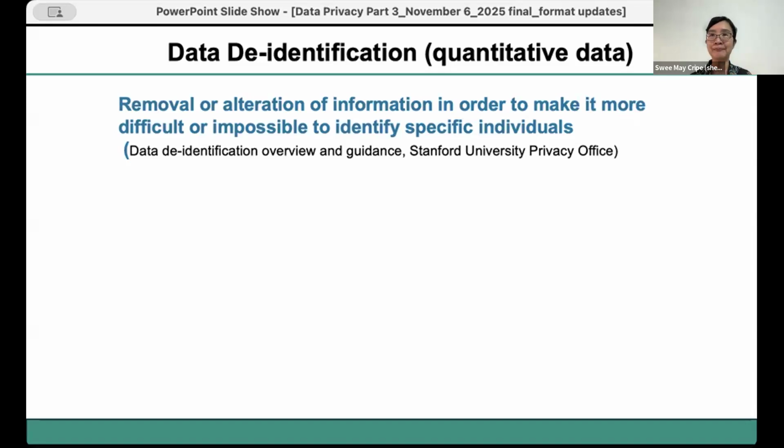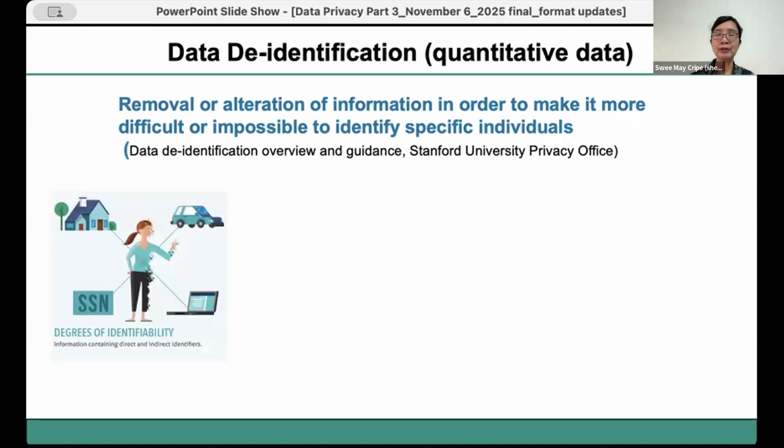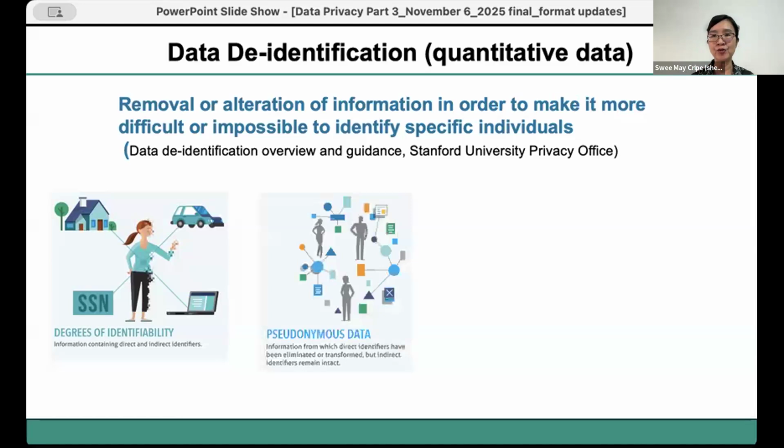So think about numbers. And when we think about the information, often we collect personal identifying information, such as age, name, and date of birth. And then when we try to de-identify the data, we move it along the spectrum of de-identification.